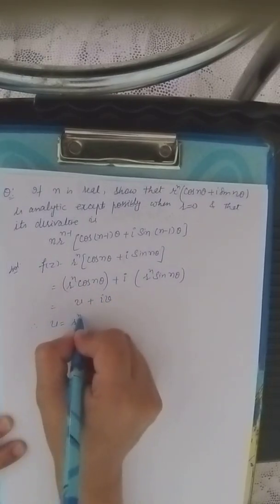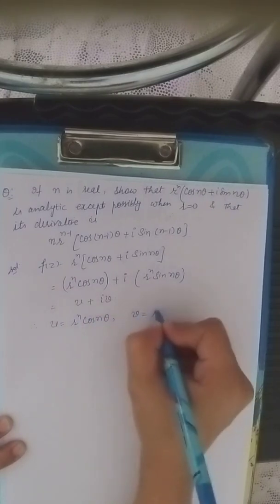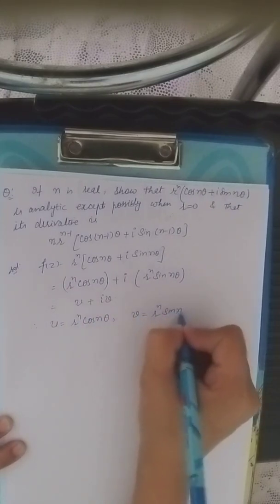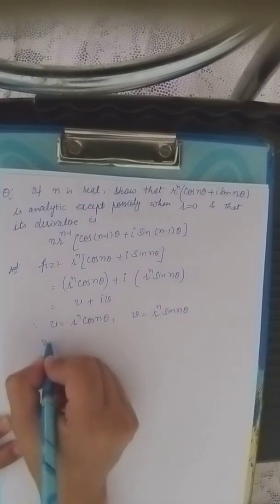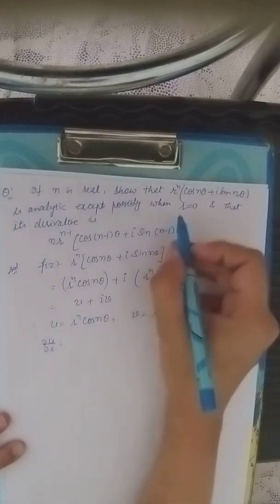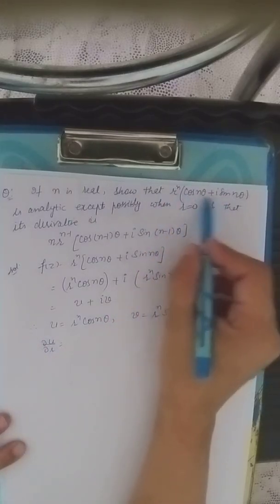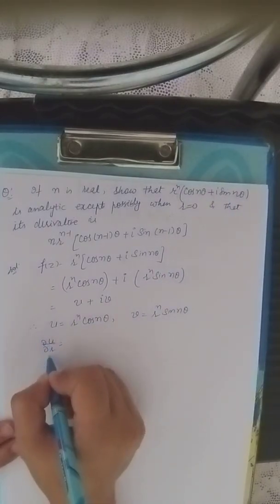Therefore u is r^n cos nθ and v is r^n sin nθ. And it is to be noted that here the function is in polar form. Therefore I will find the partial derivatives with respect to r and θ.